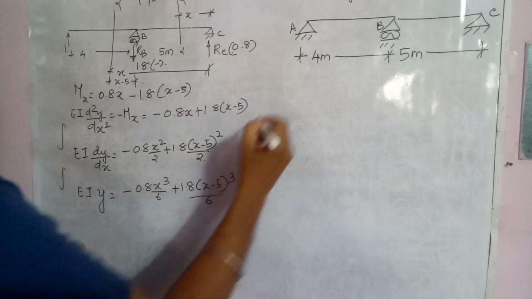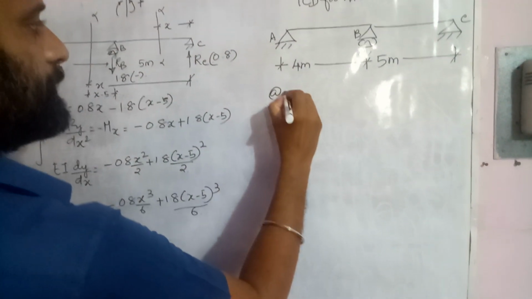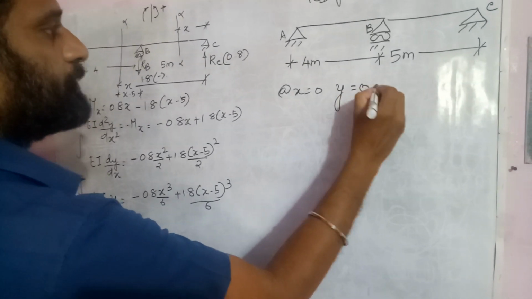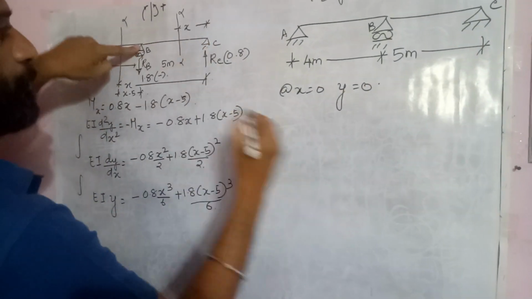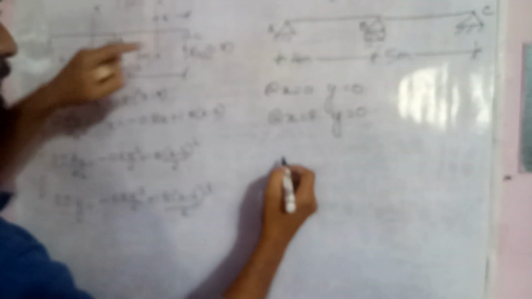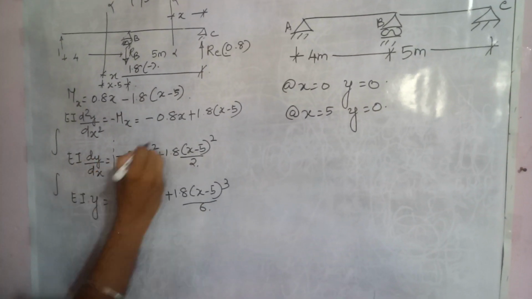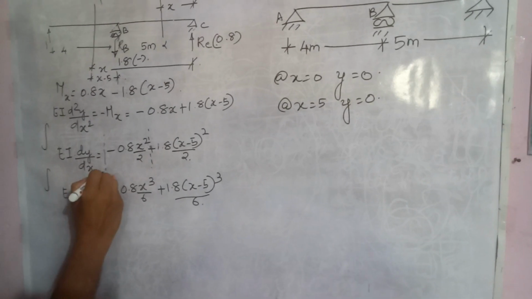Now writing the boundary conditions. At x equal to 0, this is a support, so obviously y will be equal to 0, and at x equal to 5, this is also a support, so y is also equal to 0. Before putting the values, we need to distinguish the limits. See, this is the point and this is the point, so this is lower limit 0.